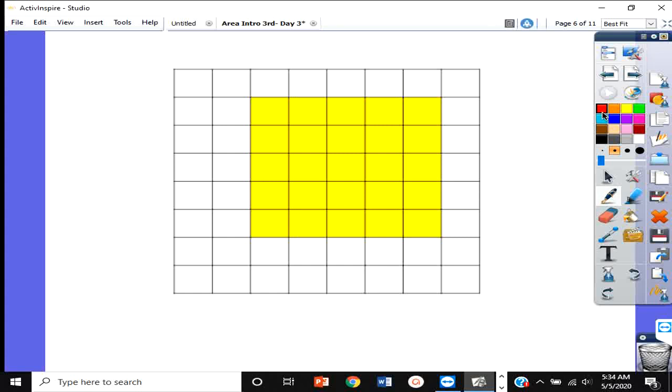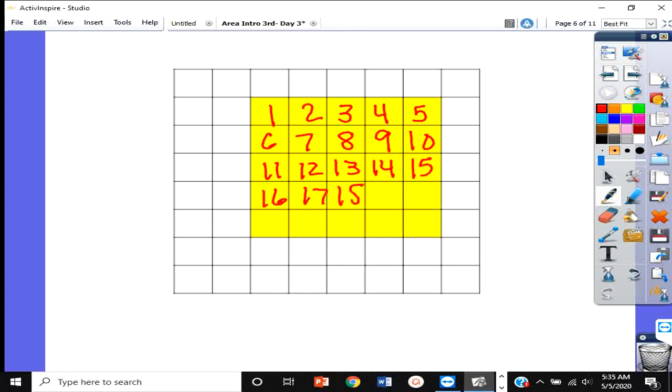Let's see how many of those little squares it takes to fit inside that big shape. 1, 2, 3, up to 25.